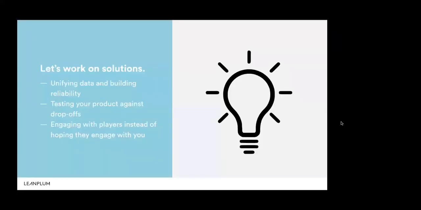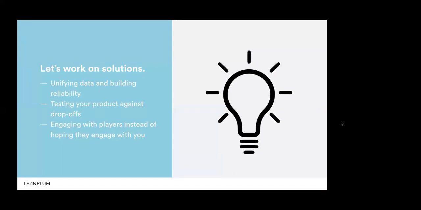So if we take this one step back, let's work on solutions. Now, 3 ways to go about this that I wanted to focus on would be, first off, being able to unify data and being able to build reliability of data. So identifying a single source of truth and being able to trust it. Secondly, would be testing your product against drop-offs so that you can eliminate those assumptions that you're making.